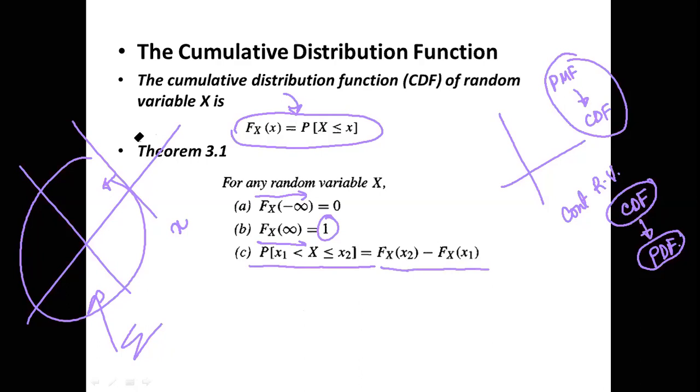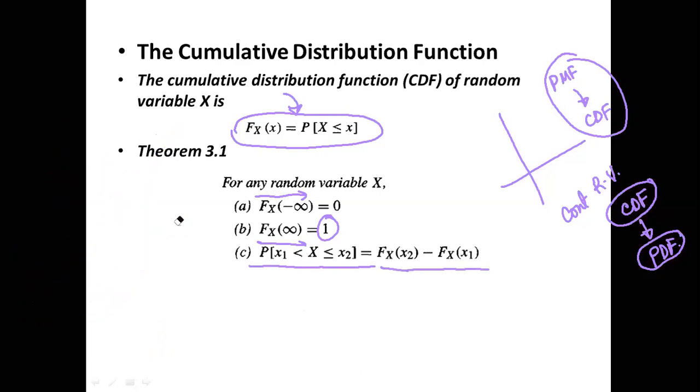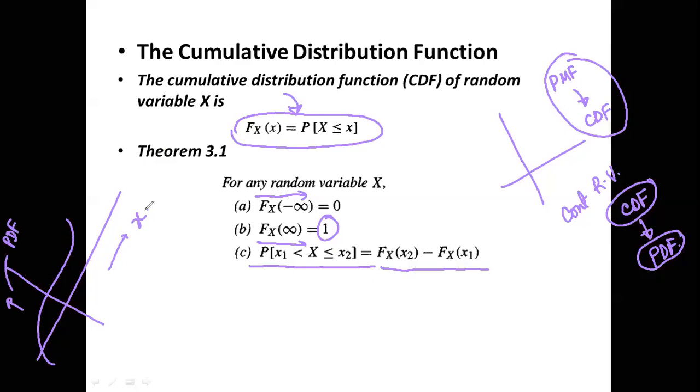What does that mean? Let's explain this one. Say, for example, this is a PDF and that is the X, so the X versus PDF curve is increasing like this. We know that this is a continuous random variable.